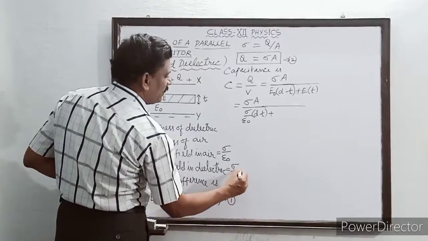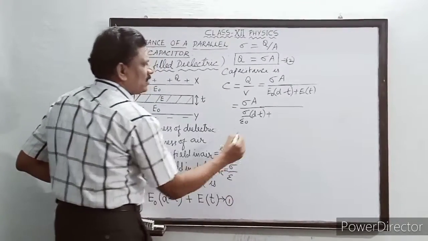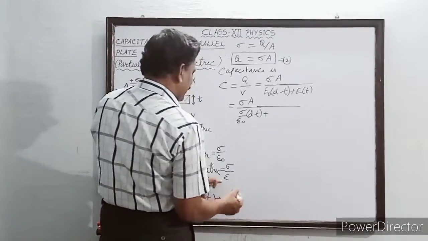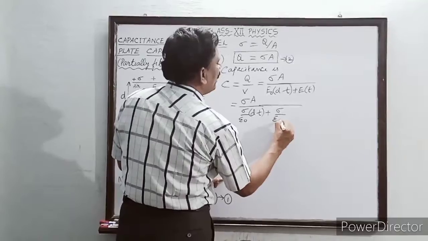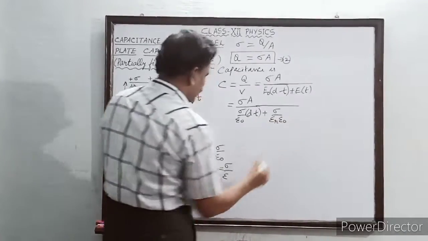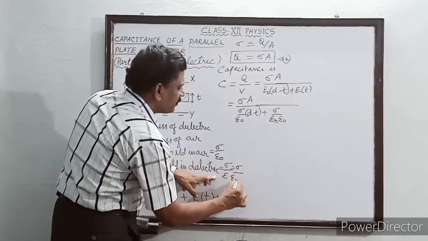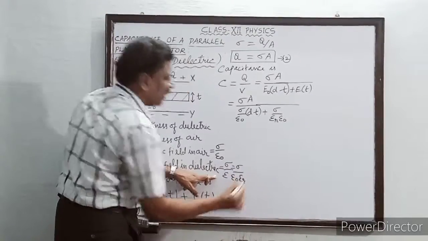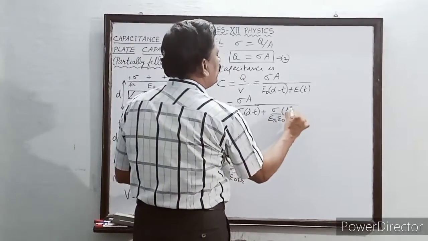This is also equal to sigma by epsilon r into epsilon naught. So instead of E, I substitute sigma by epsilon r into epsilon naught, into t.